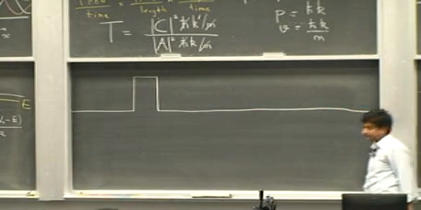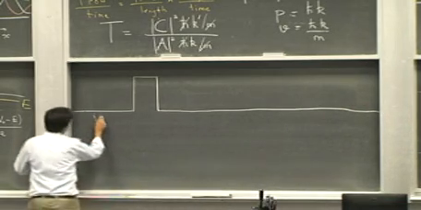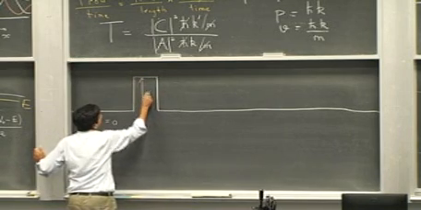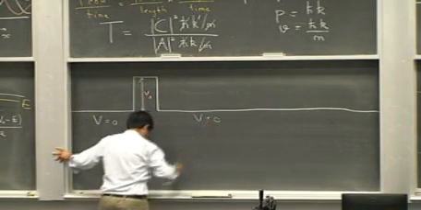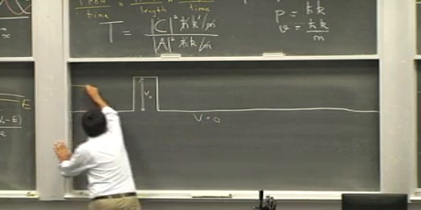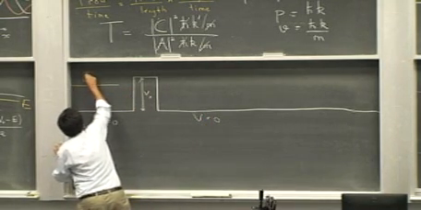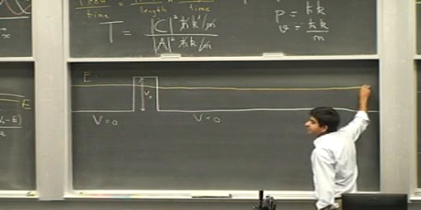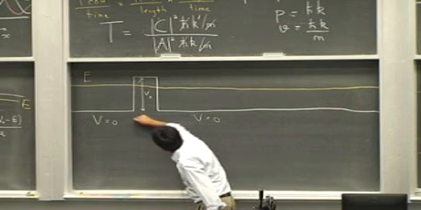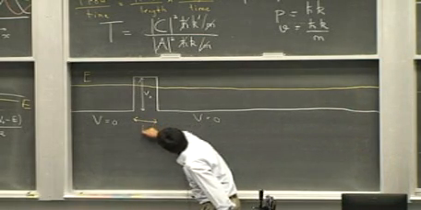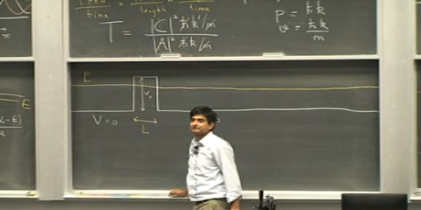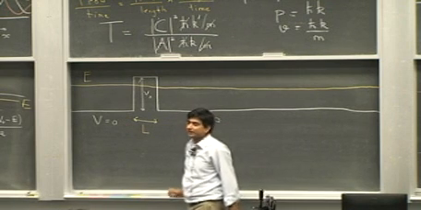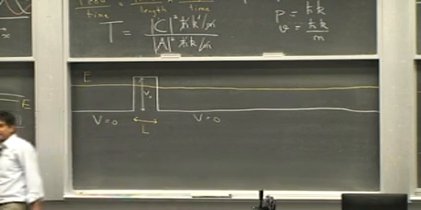Now here the potential energy is 0, here it's V naught, and here it's 0 again, and the energy of the incident particle E is less than V naught, and this length is L. Let me first tell what's going to happen. Still transmission is going to occur even if E is less than V naught.